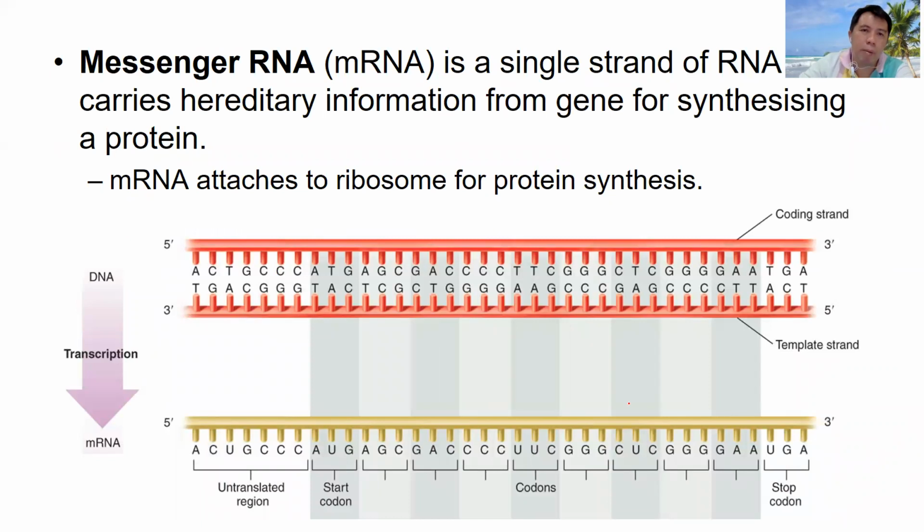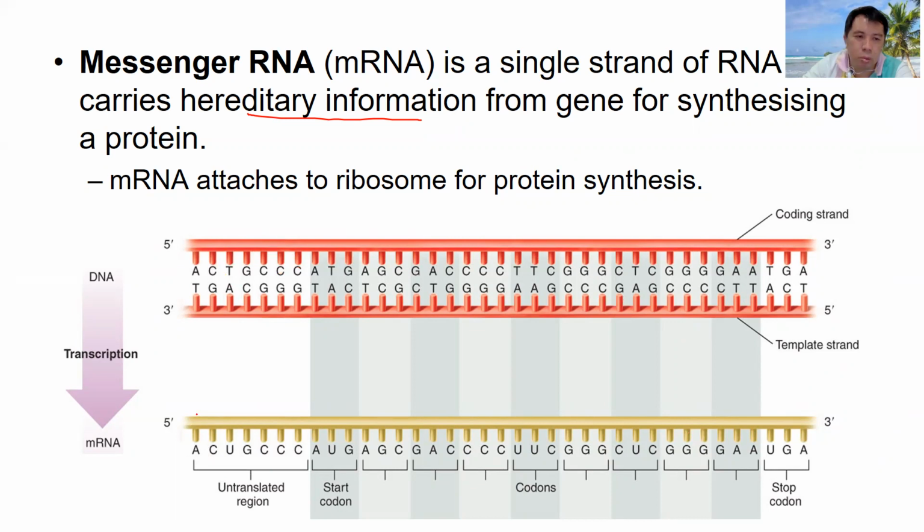Messenger RNA, or mRNA, is a single strand of RNA that carries hereditary information from a gene for synthesis of proteins. Then the mRNA will attach to the ribosome for protein synthesis. From here you can see this is a double strand of DNA.